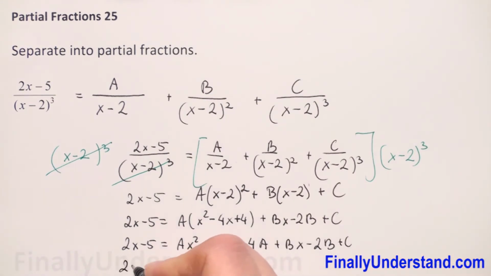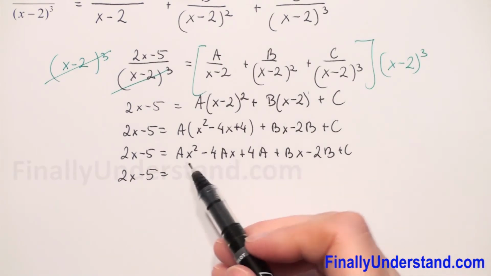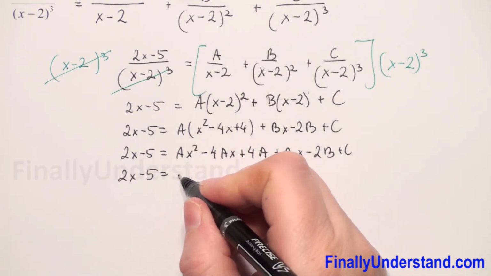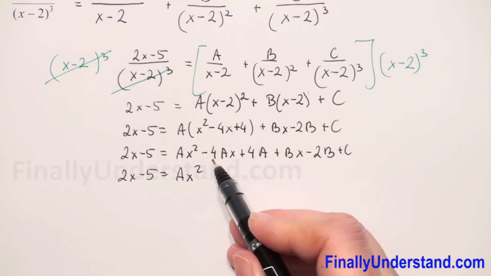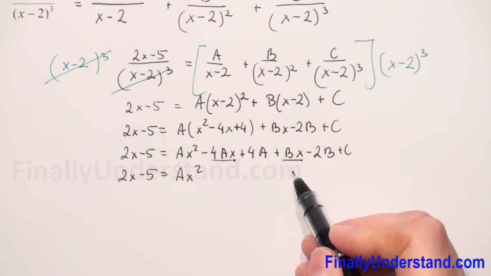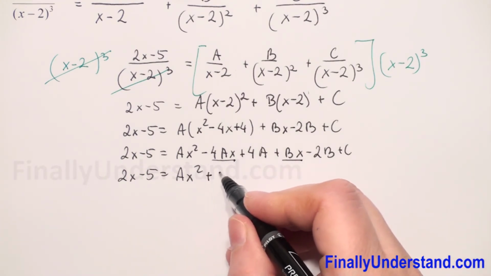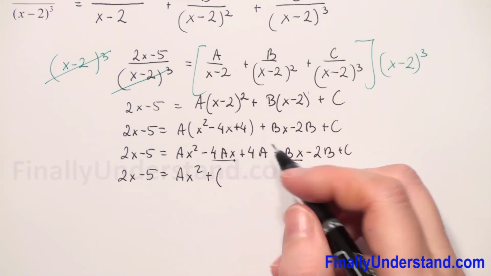Now the left side we will rewrite, and we have to combine the like terms on the right side. We have only one expression with x squared, so we copy this, and now we have negative 4Ax and Bx, so we have to write plus, and in parentheses we will write the coefficients before x.